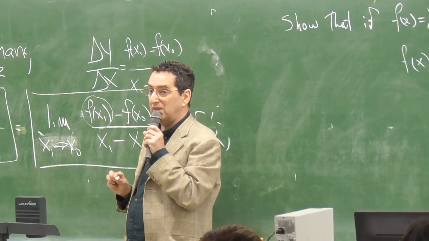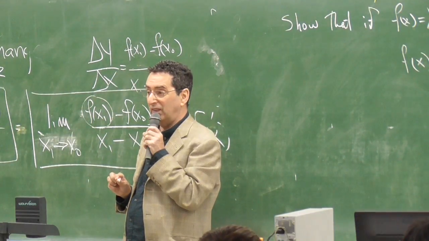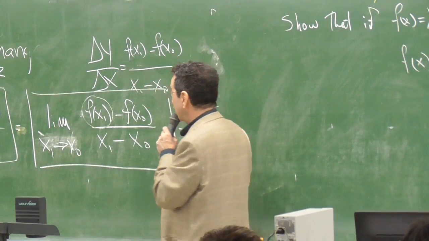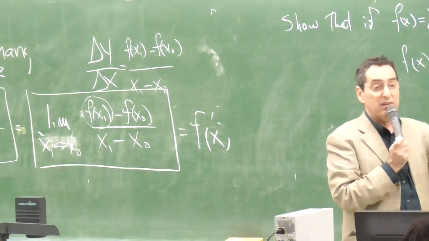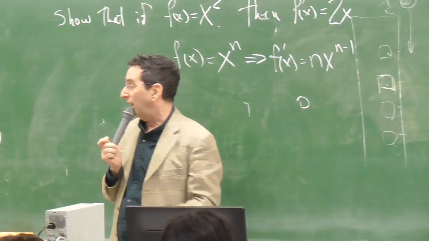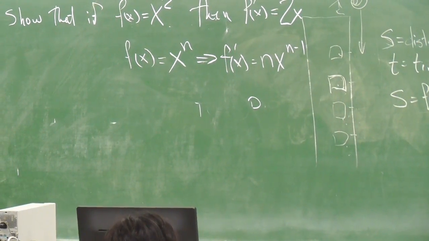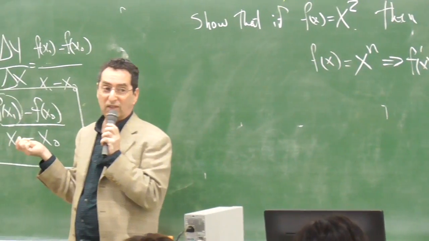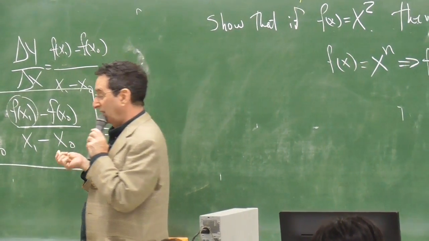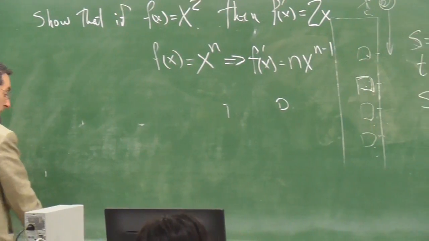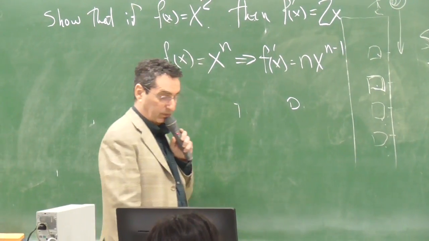Okay? Do you understand what we're trying to do? This is called the derivative. I told you that the derivative of x squared was 2x. Now I want to prove it to you. So I have to put in x squared into this and get 2x out. Okay? That makes sense?